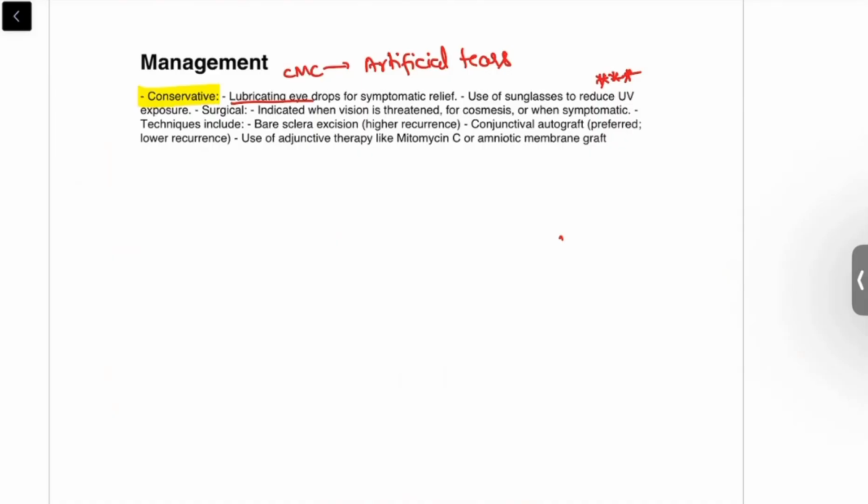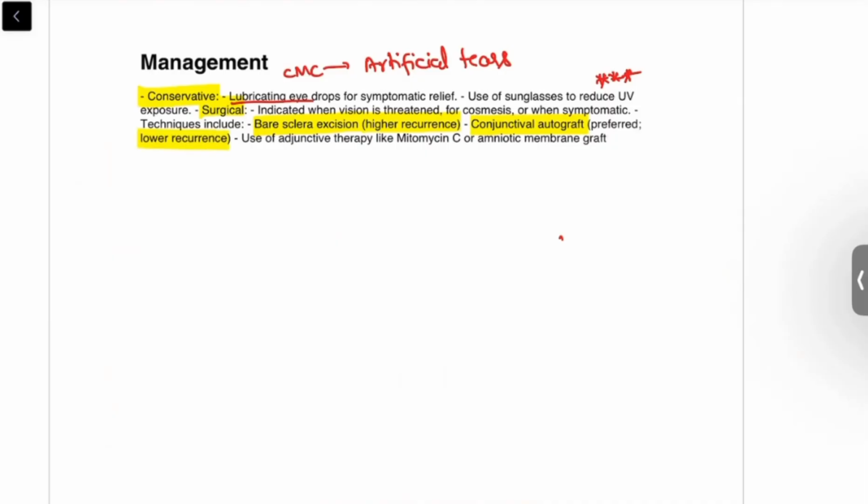So what are the surgical procedures we'll do for pterygium? That is bare sclera excision, or just removing the pterygial overgrowth. Okay, that is bare sclera excision. Other than that, we can go for conjunctival autograft, which is preferred because of lower recurrence rates.